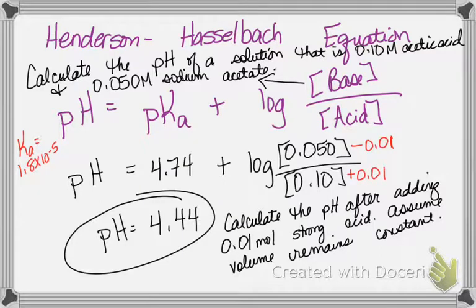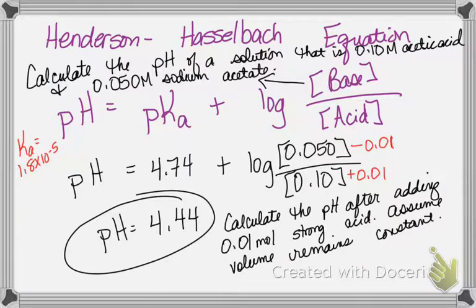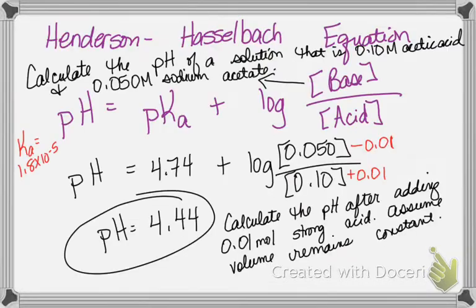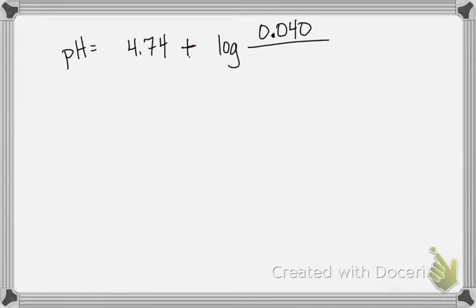And I'm going to go to the next slide. That means that the pH, this is still the Henderson-Hasselbalch equation, is equal to 4.74 plus the log of the base concentration, which is now 0.04, and the acid concentration, which is now 0.11.